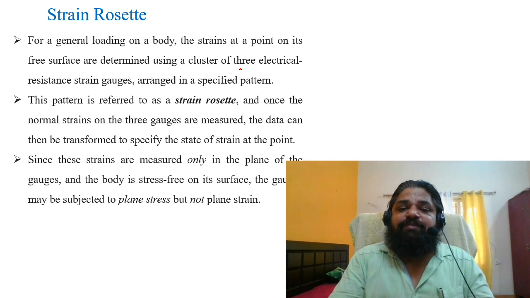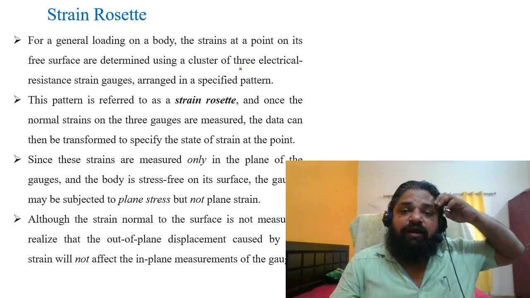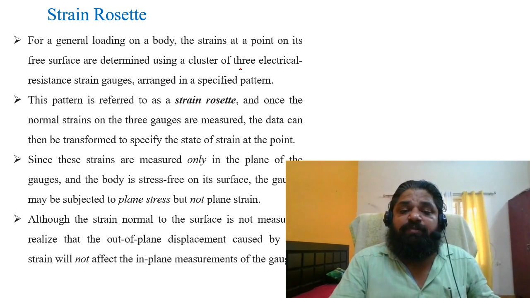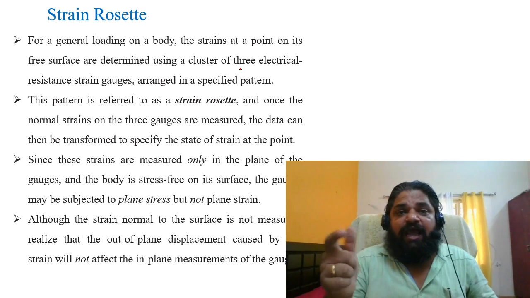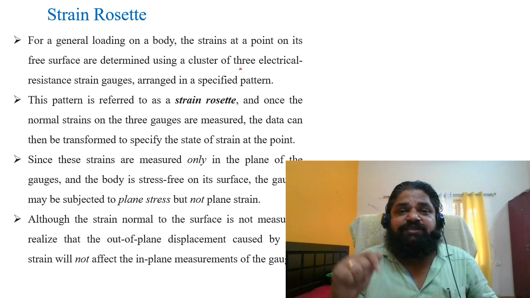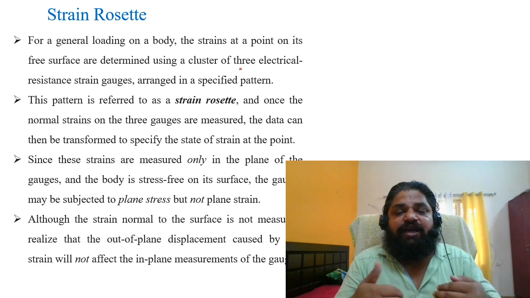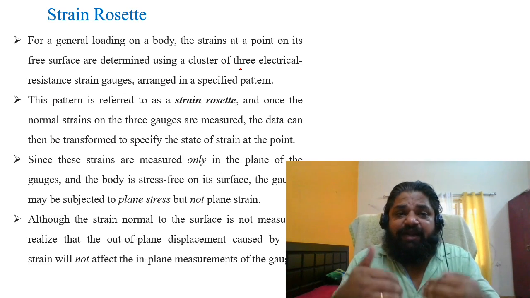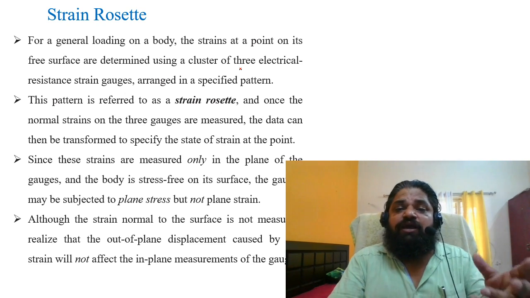Since these strains are measured only in the plane of gauges and the body is stress free on its surface, the gauges may be subjected to plane stress but not plane strain condition, because it is going to measure the strain part, or the deformation part. And once I know the deformation, and I know the original length or the instantaneous length, I can find the corresponding engineering strain or the true strain.